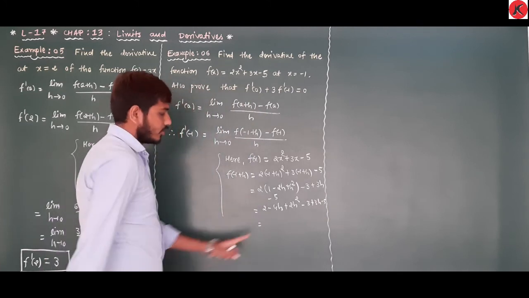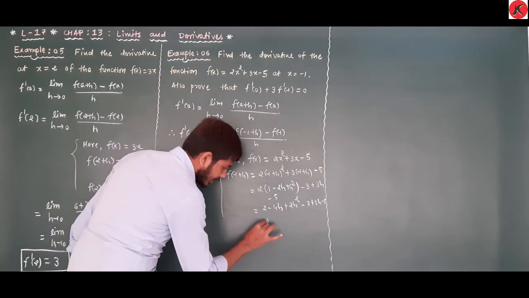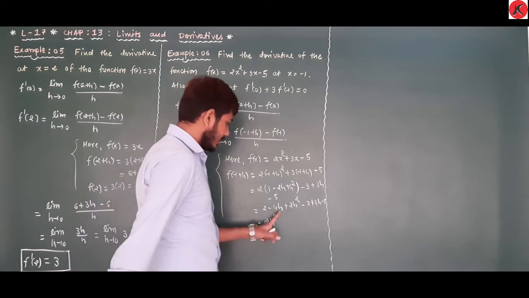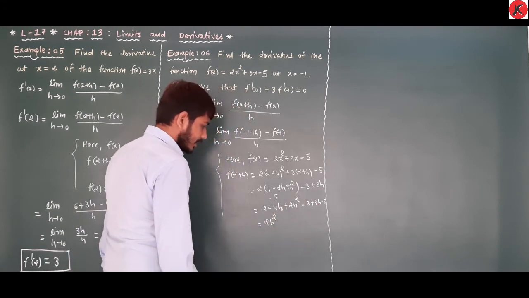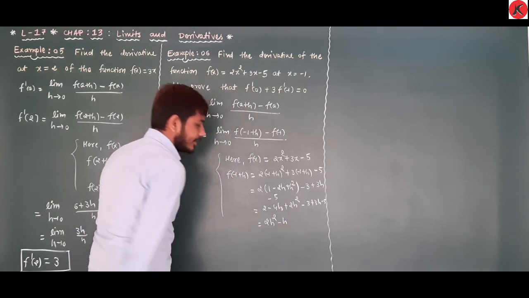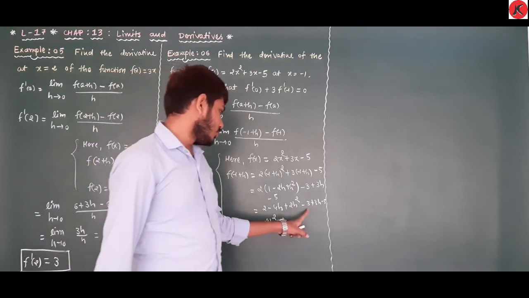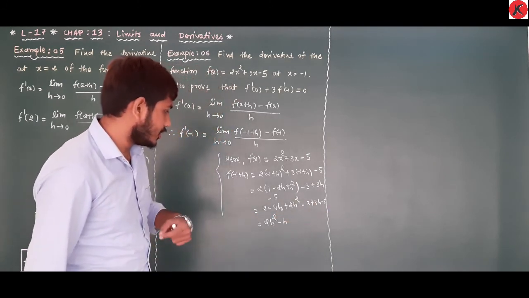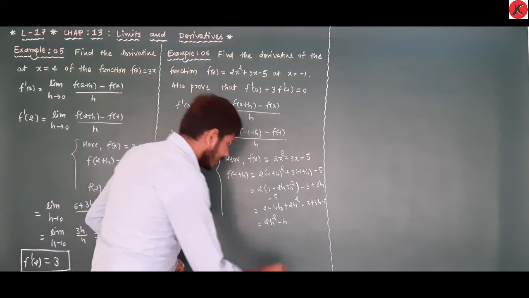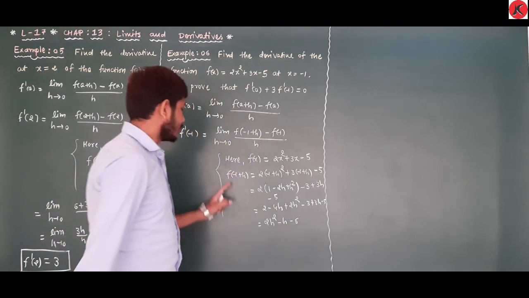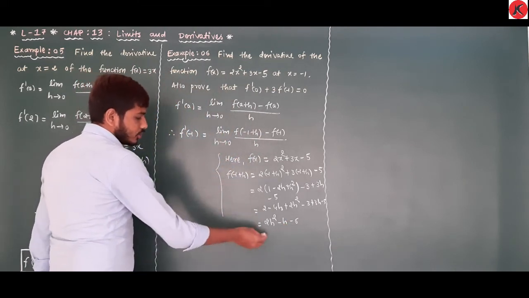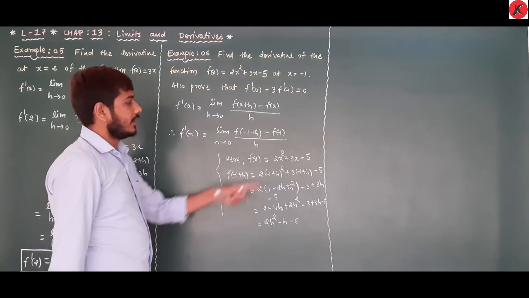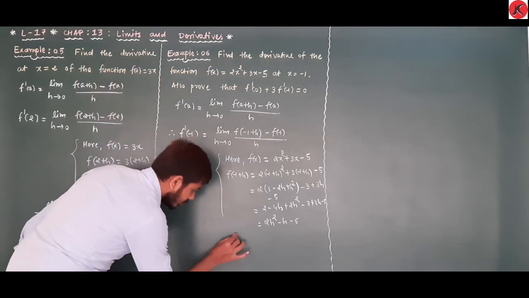That means 2h square minus 4h plus 3h means minus h, plus 2 minus 3 minus 5 means 2 minus 8, minus 6. This will become f of minus 1 plus h.